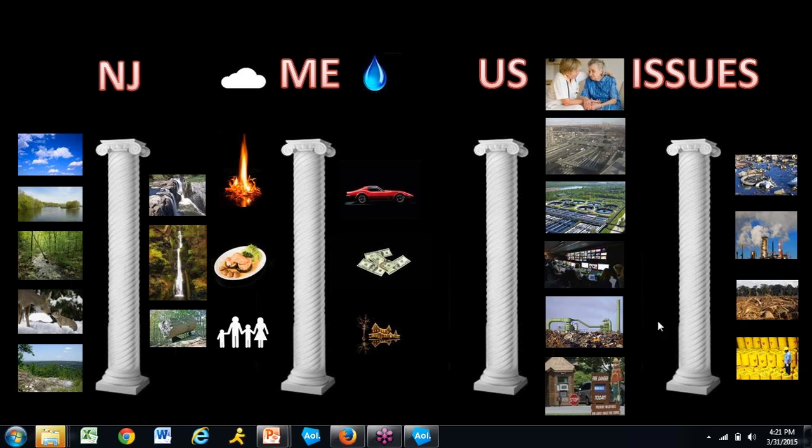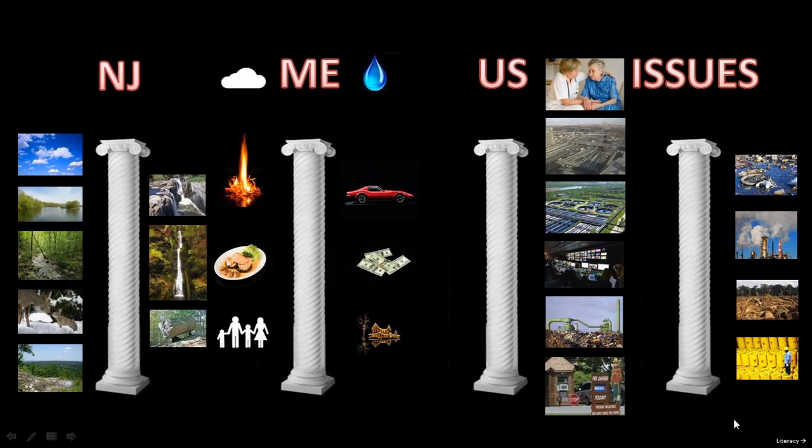The thing about having 4 pillars like this on this slide and having most of this generated from the kids is that now when you take any one of these issues on the right side, you will be able to go back to human uses, the me column, and what do humans contribute, what natural resources are affected, and that's in the New Jersey column.